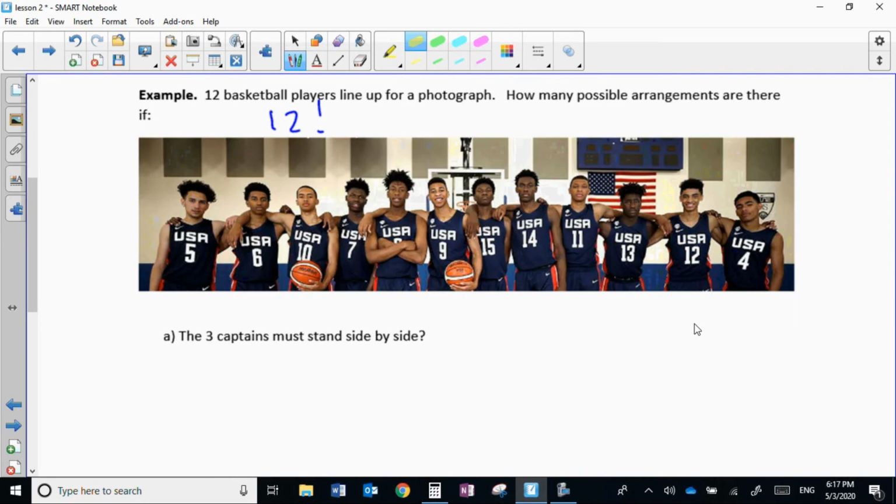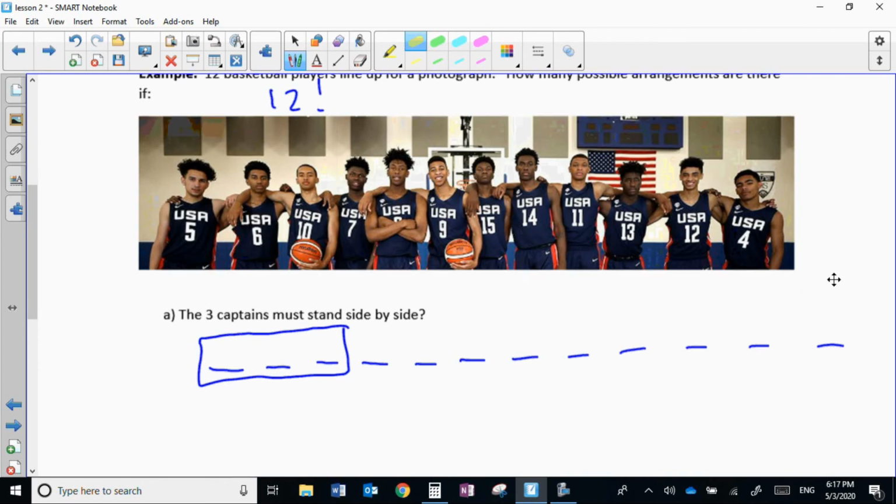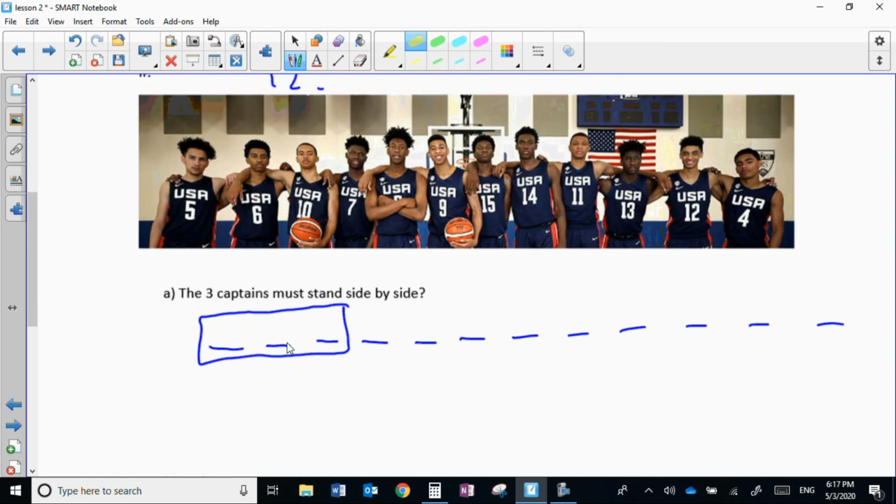How about if there's 3 captains and they must stand side by side? Well, this is kind of like our other example. Imagine we have these 12 spaces. But 3 people must be side by side. So I can imagine taking the 12 people and grouping those 3 players together. Well, now there's 10 players: 1, 2, 3, 4, 5, 6, 7, 8, 9, plus the 3 captains, which we're now treating as 1 person.